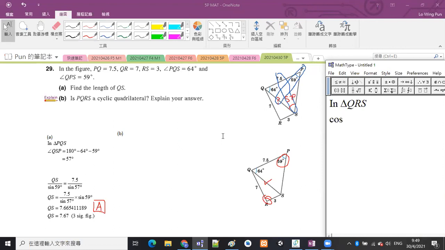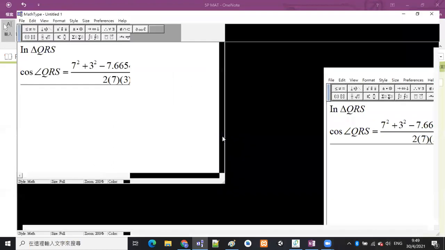So cosine of angle QRS is equal to a fraction: the third side 7.66541189 squared, and then the first and second sides, 7 squared plus 3 squared, divided by 2 times 7 times 3.